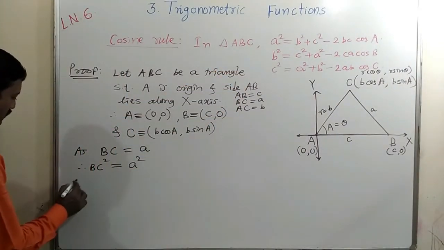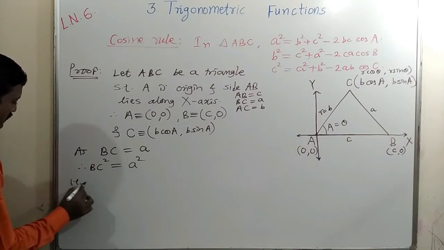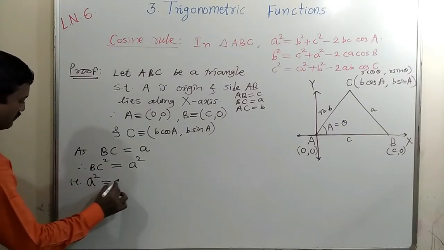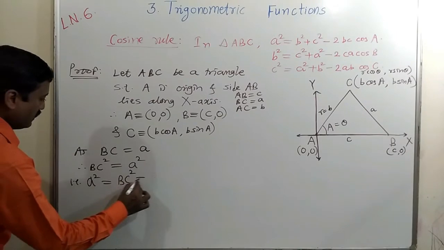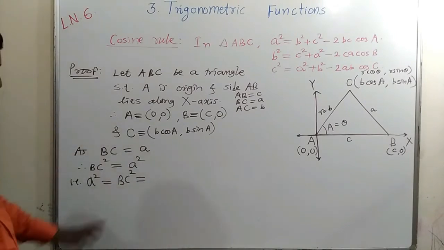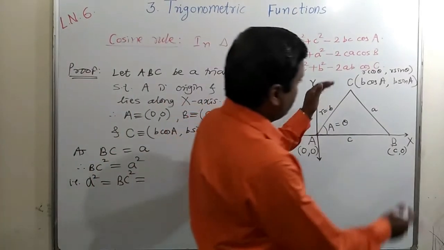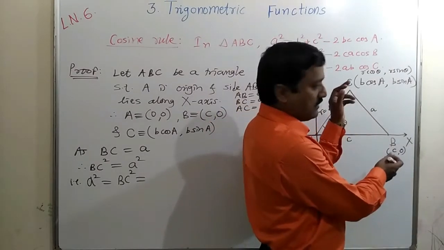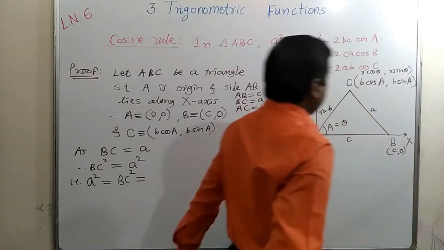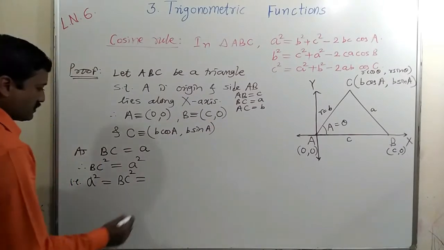So a square equals BC square, and by the distance formula, we take the difference between the x coordinates and the difference between the y coordinates and the sum of their squares.